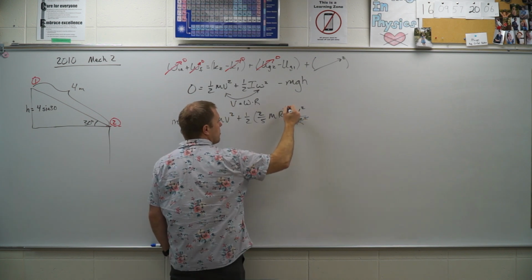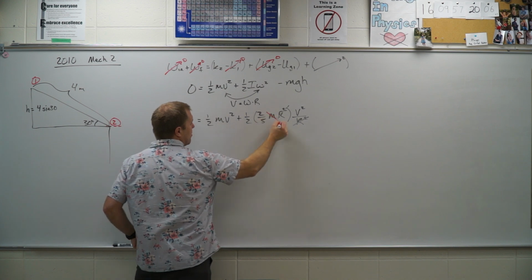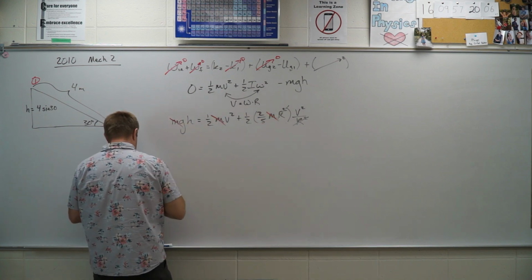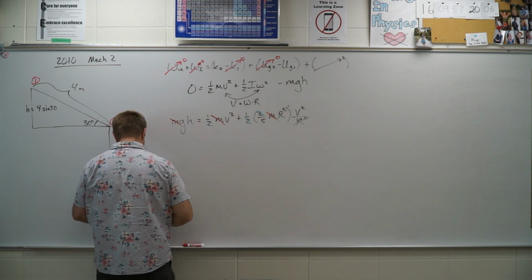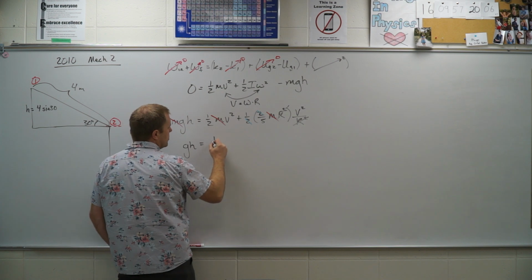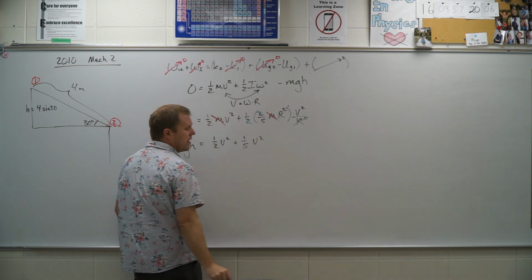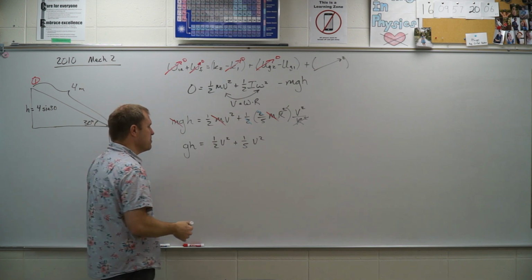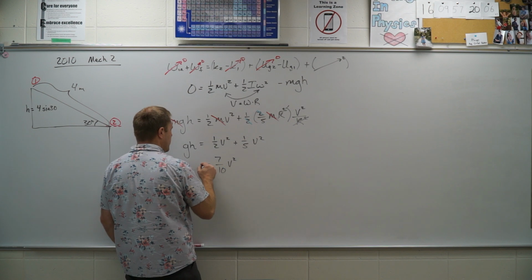I see my r squareds cancel. That's a good thing. I also see that the m's are going to cancel for me. I also see that in here, these 2's cancel for me. My goodness, there's a lot of cancellation going on here. So I have gh is equal to 1/2 v squared plus 1/5 v squared. A half plus a fifth gives me 0.7 or 7/10 v squared.